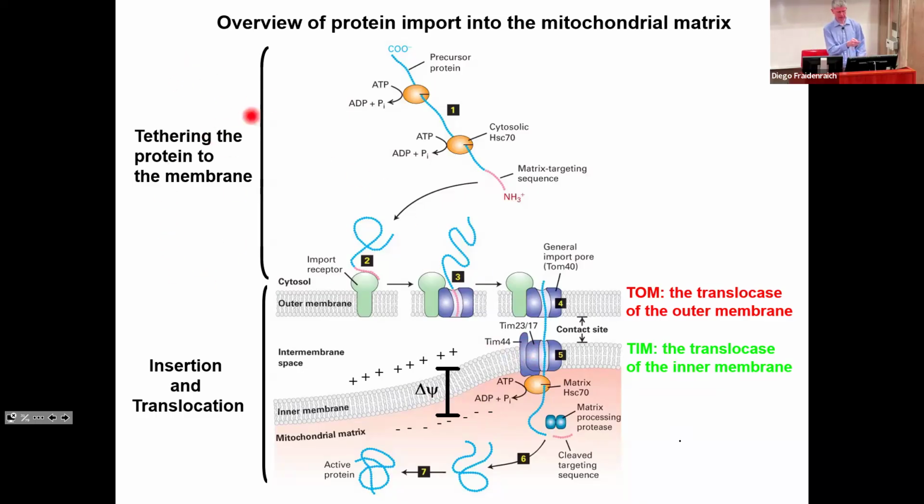One part is that the protein attaches to the correct membrane, so the protein is going to mitochondria. And the second part would be insertion and translocation of the proteins into the matrix.